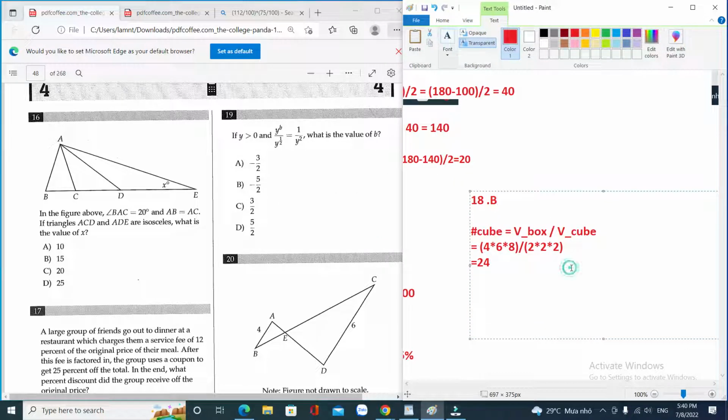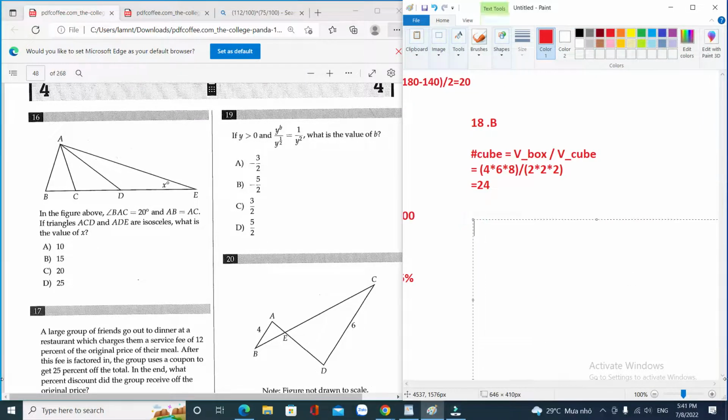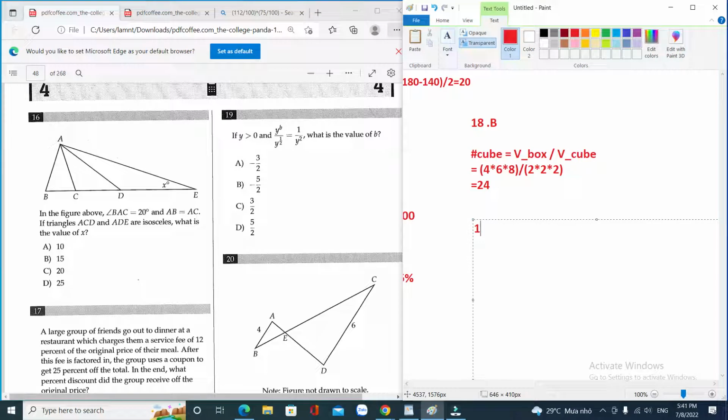Okay, so let's try 19. So y to the power b divided by y to the power of 1/2, that's equal to 1 over y squared.